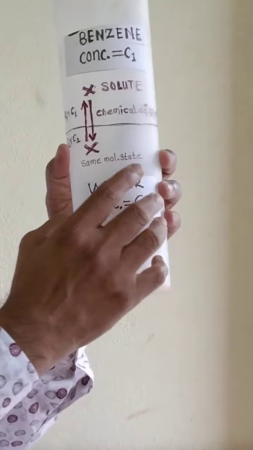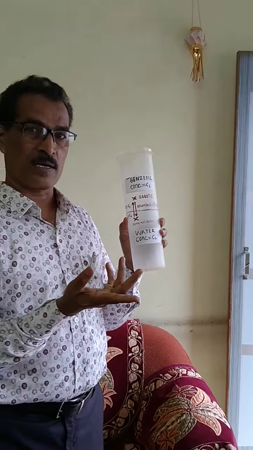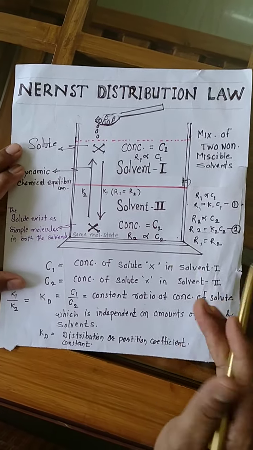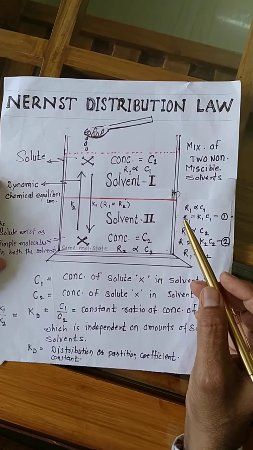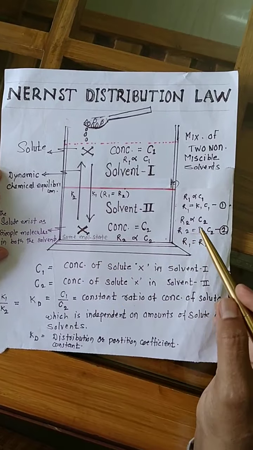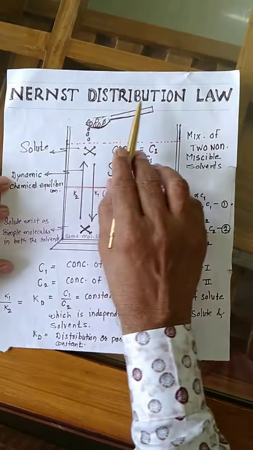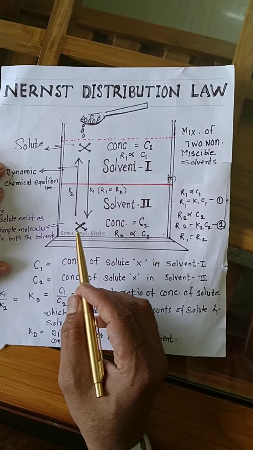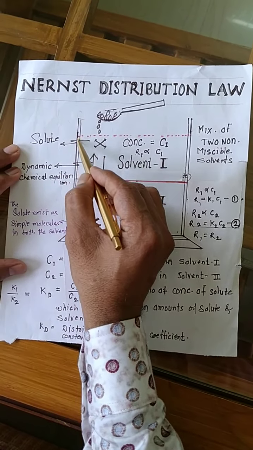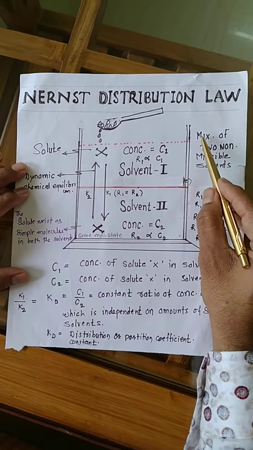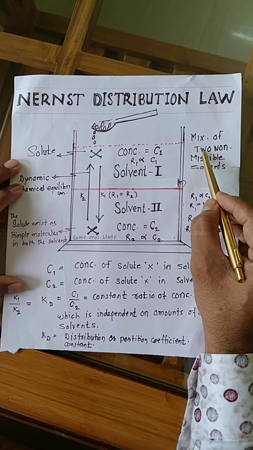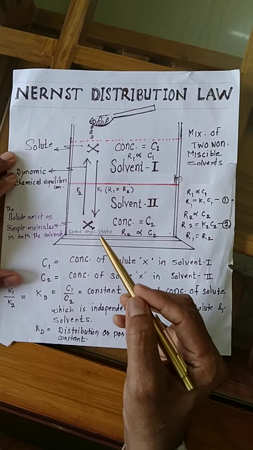Now, let us learn more diagrammatically. Dear students, we learn the diagrammatic representation of the Nernst distribution law. So consider here, this is a beaker, and this beaker contains a mixture of two non-miscible solvents.